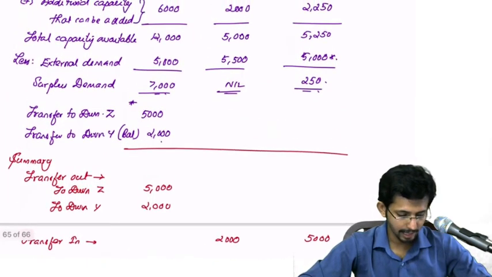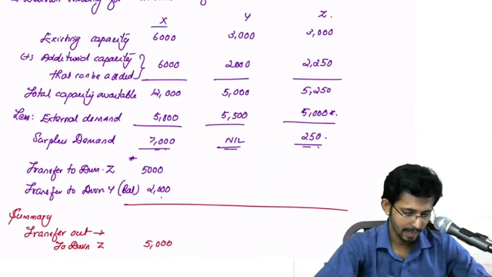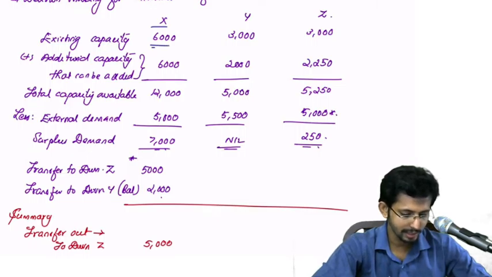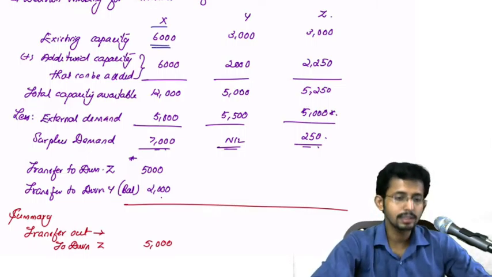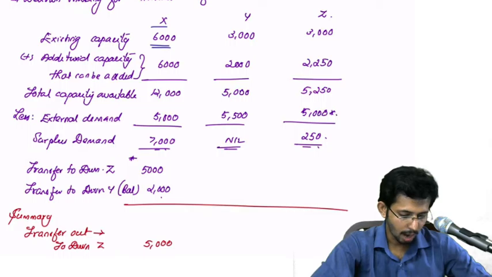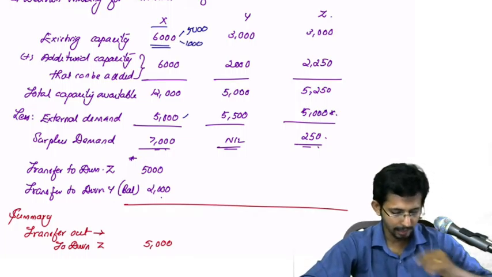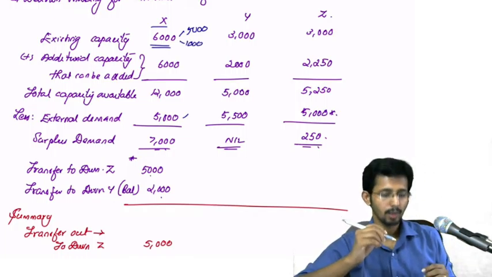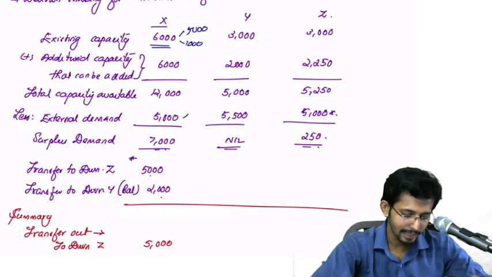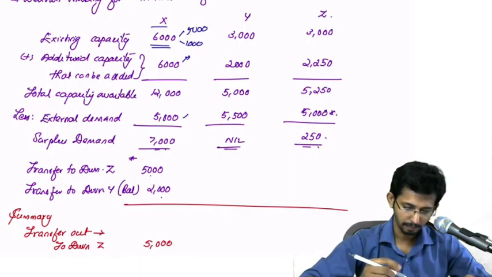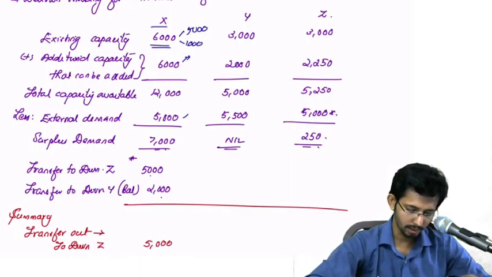Pattern of sales in case of X, what is the existing capacity? Only 6,000. So out of this 6,000 will be used for what? Out of the 6,000, 5,000 will be used for external demand, and the balance 1,000 will be used for meeting the demand of division Z. Okay, so if there is any additional capacity addition out of the 6,000, Z requires 5,000 total.